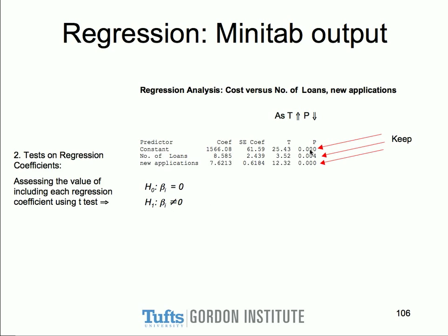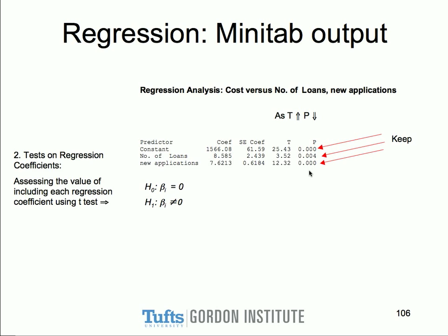Now remember, our alpha, or significance level we're testing at, is 0.05. So if p is below 0.05, we're going to reject the null hypothesis and keep these factors in, okay? And what we have here is that all of these have p-values less than our alpha, all right?